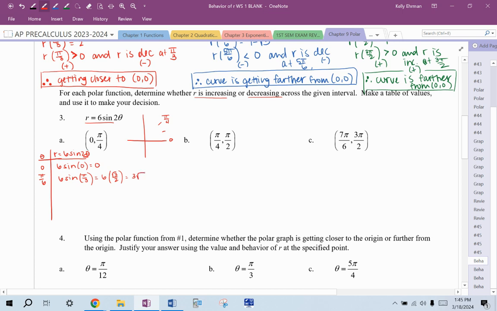So 3 radical 3. So far, the number has gone from 0 to a positive, so r is increasing. And then pi over 4 will be 6 sine of 2 pi over 4, because it says 2 theta, so that's pi over 2. 6 times 1 is 6. So on this interval, r is increasing on 0 to pi over 4.